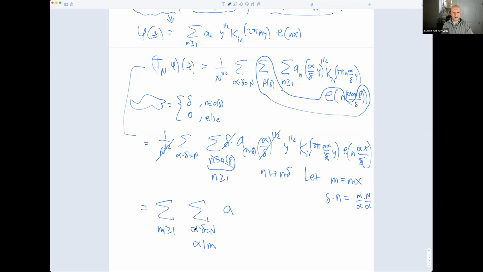Delta is big N over alpha. So if I multiply on this side by delta, I multiply on this side also by delta. So that's a sub m times n over alpha squared. That's this. So far, so good?